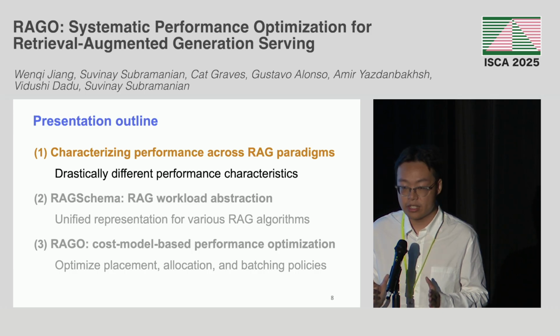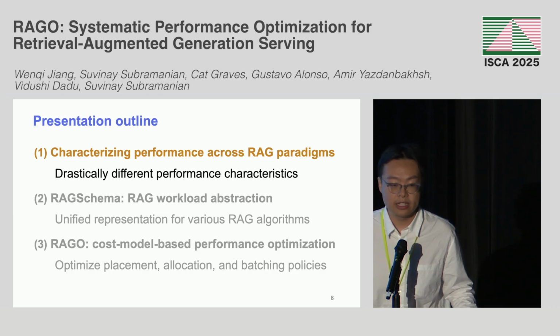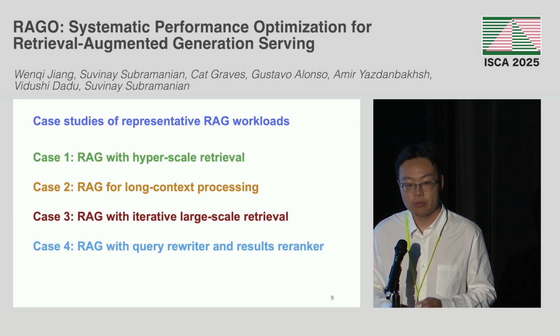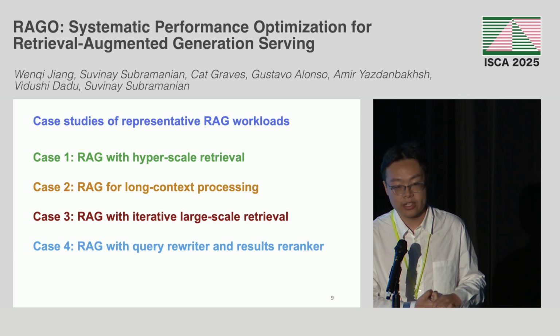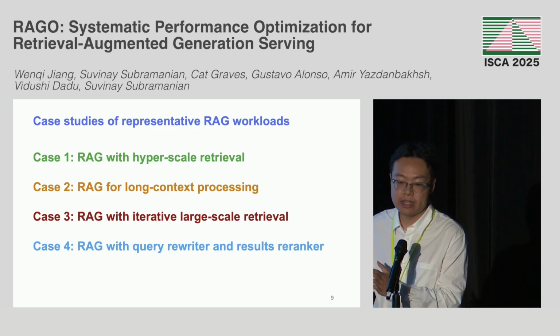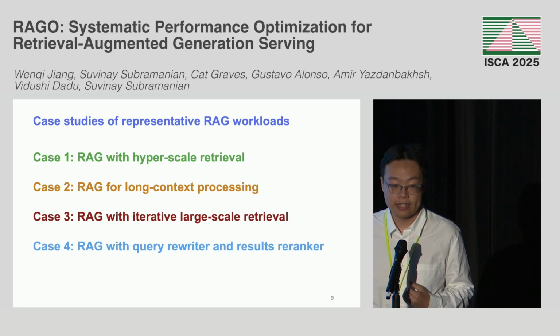So the first part of this talk is about studying the workload characteristics of different representative RAG workloads. Specifically, we study 4 very representative RAG serving paradigms. The first one is RAG with internet-scale retrieval. In the second case, instead of having a very large database, we study RAG for personal documents or enterprise data.